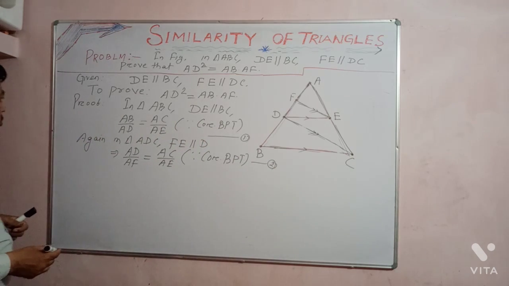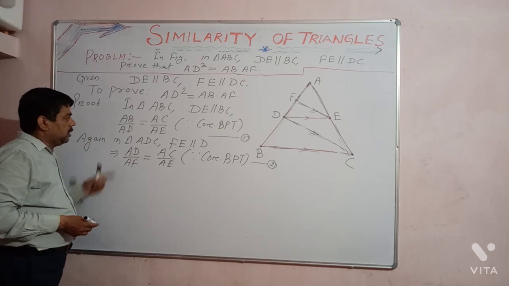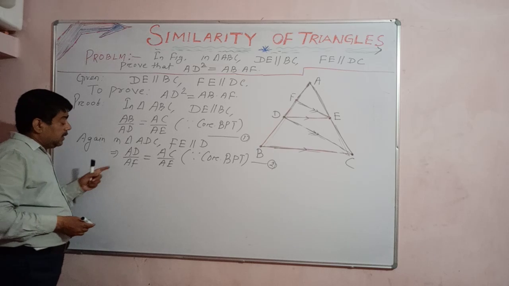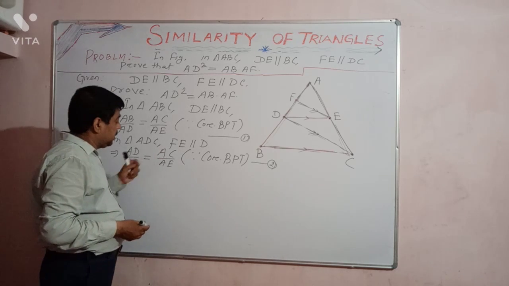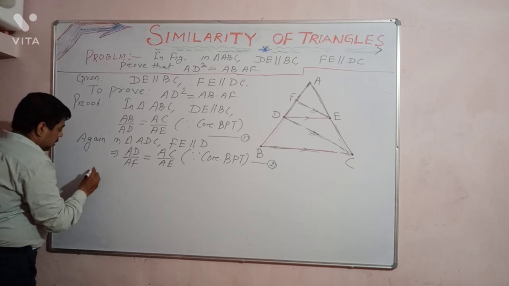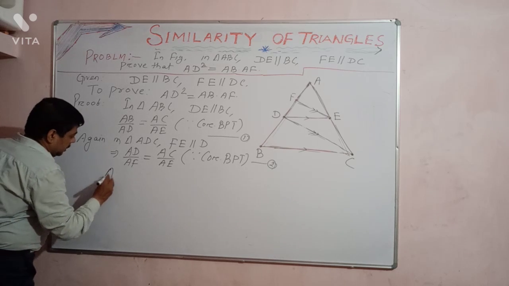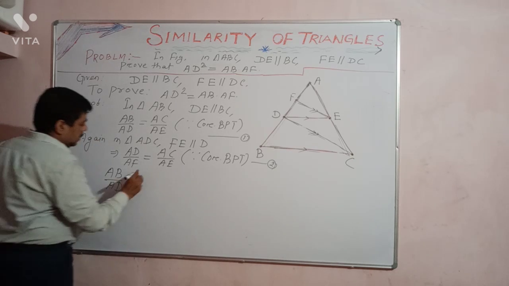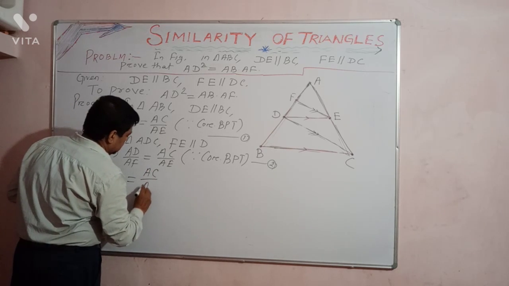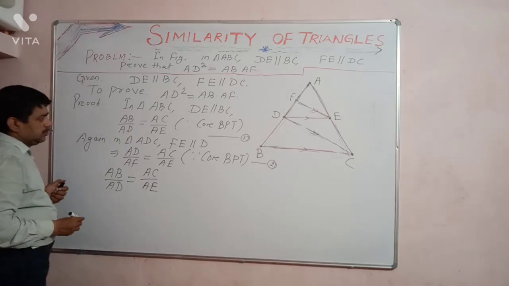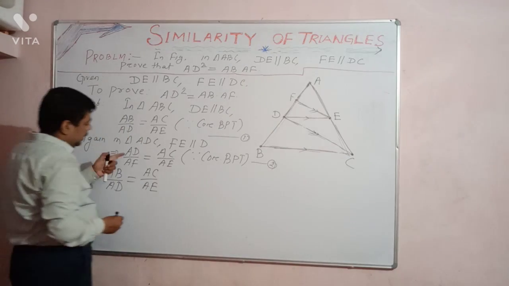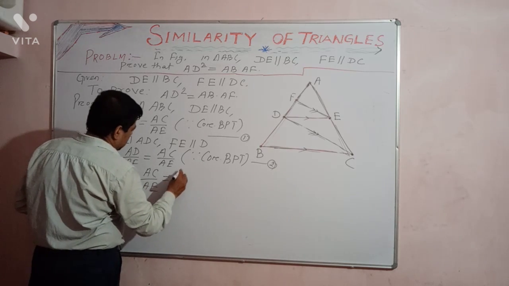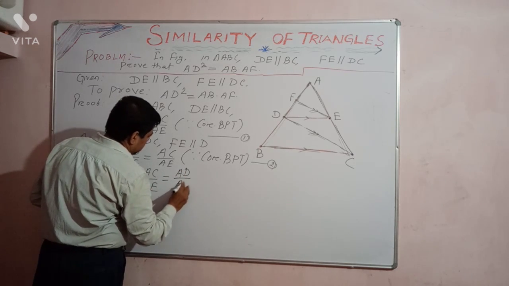Are you looking at point 1 and point 2? Are you getting now? AB upon AD is equal to AC upon AE. Again, AD upon AF is equal to AC upon AE, right? So now from equation 1 and 2, AB upon AD is equal to AC upon AE, and AC upon AE is also equal to AD upon AF in equation 2.